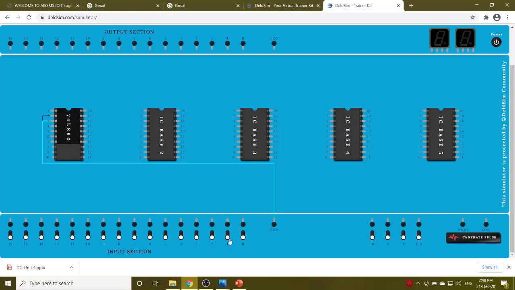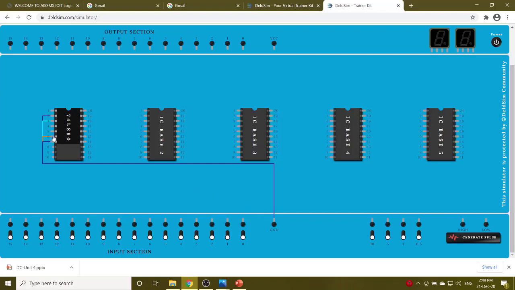Then 6 and 7 are also connected to the ground.